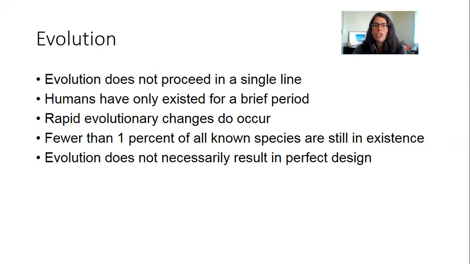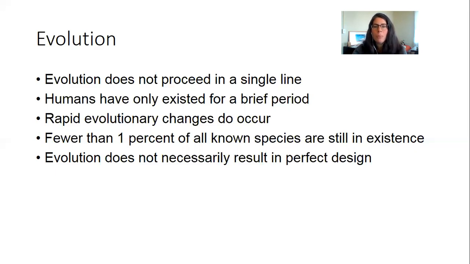Rapid evolutionary changes do occur. A great example of this is Darwin's finches, and how they had beaks that were shaped to take advantage of the primary food resources on whatever Galapagos Island they were sequestered to.